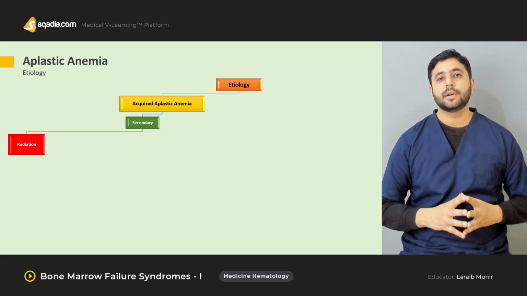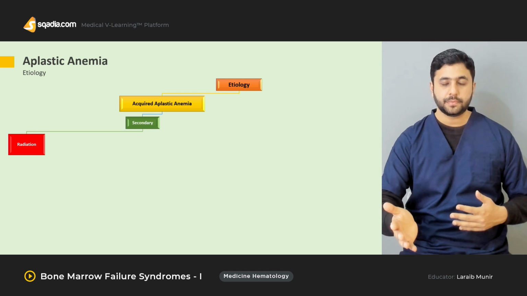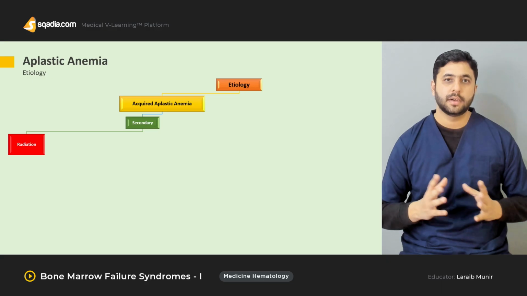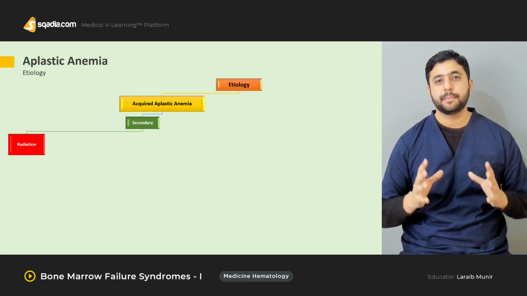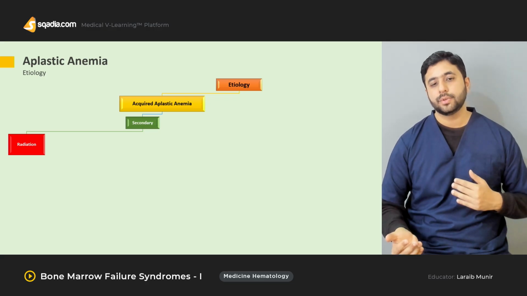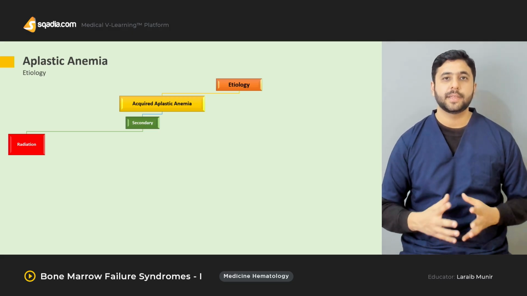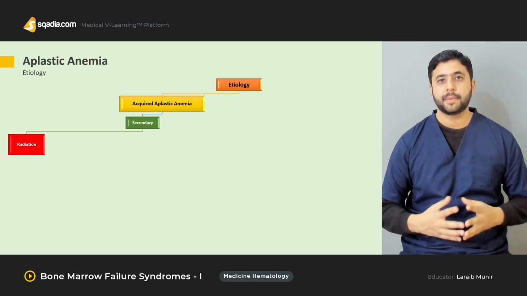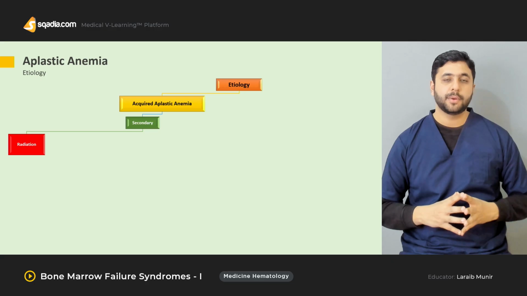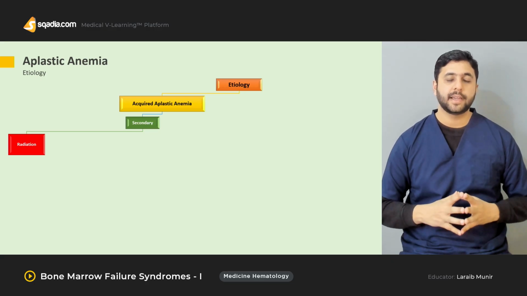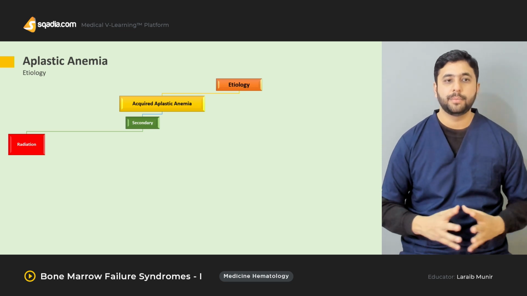The primary type is the idiopathic type, in which, after ruling out all these various disorders with the help of a good history and physical exam, if we cannot arrive at a secondary cause that has led to the aplastic anemia, then we classify it as an idiopathic disorder, or a primary acquired aplastic anemia without any underlying cause. So if we talk about aplastic anemia being a secondary disorder, there are various conditions that can cause this destruction of the bone marrow.